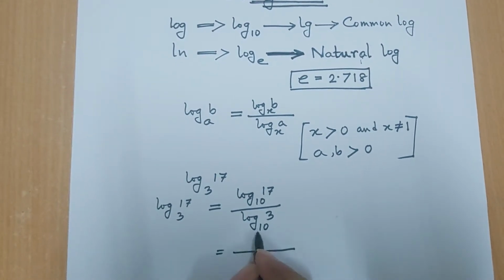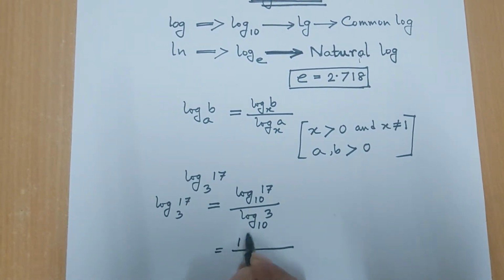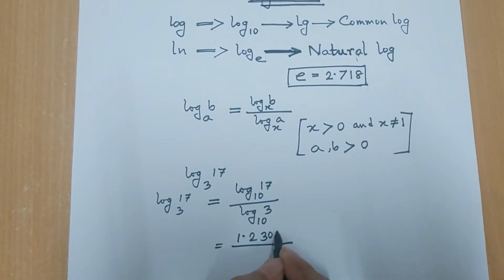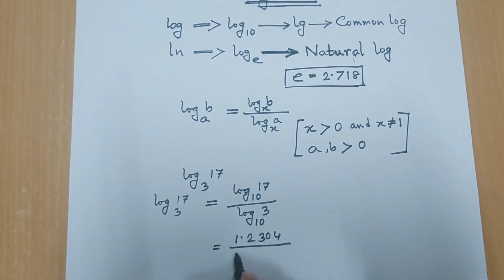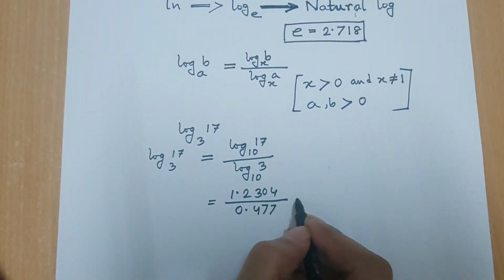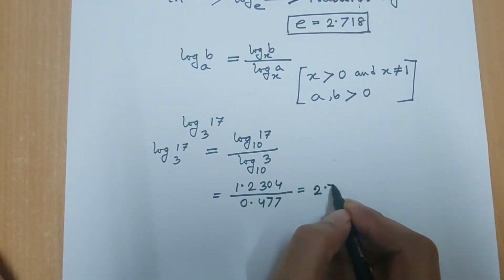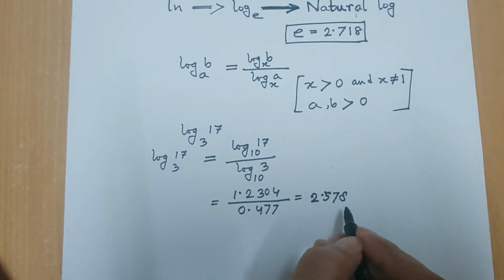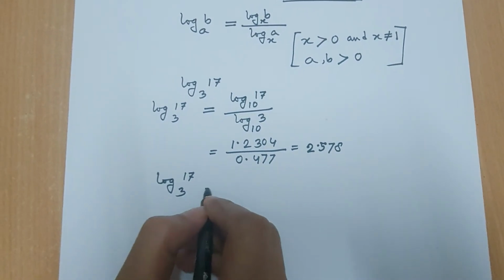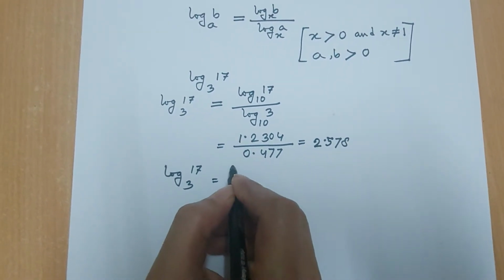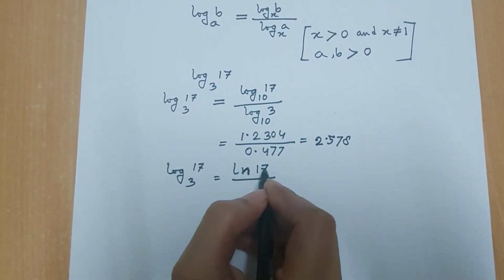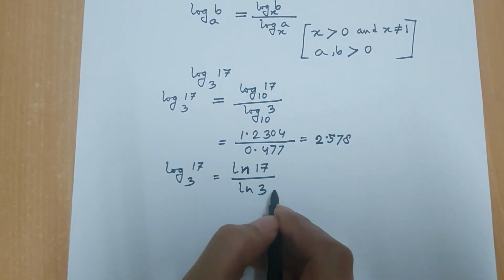Now from the calculator I have the value log 17 base 10 equals 1.2304, and log 3 base 10 equals 0.477. That is equal to 2.578. And now again, for log 17 base 3, I am taking log base e, that is ln 17 over ln 3.